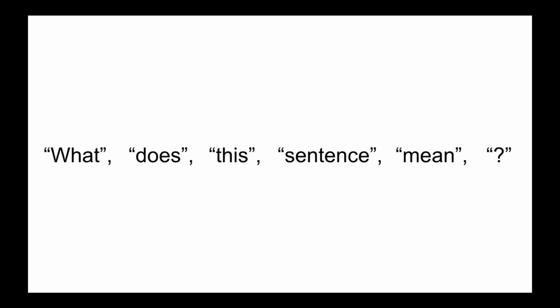So "what does a sentence mean?" would then turn into the singular words "what", then "does", then "a", then "sentence", then "mean", and even the question mark would also be considered a different word, because punctuation and anything that is separate would also be considered part of the word.